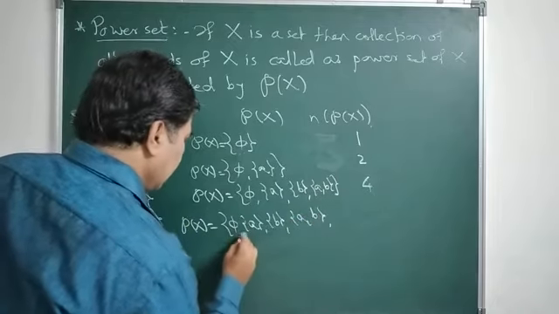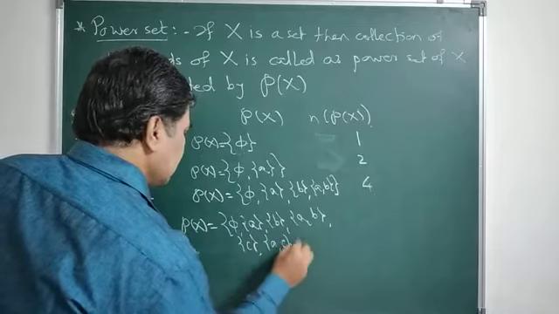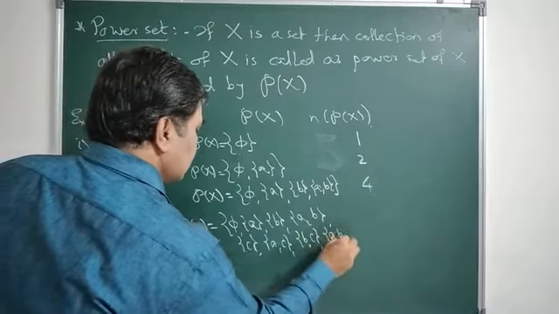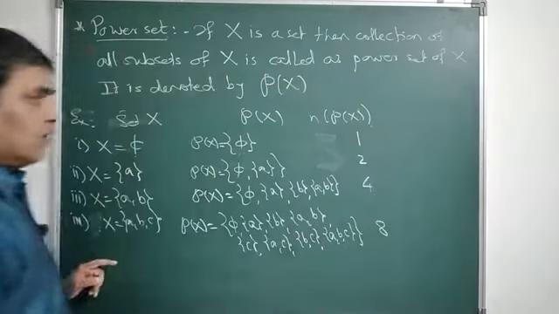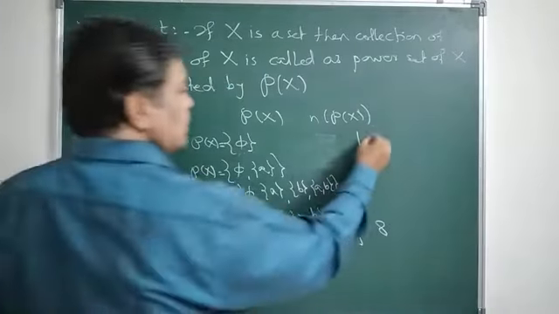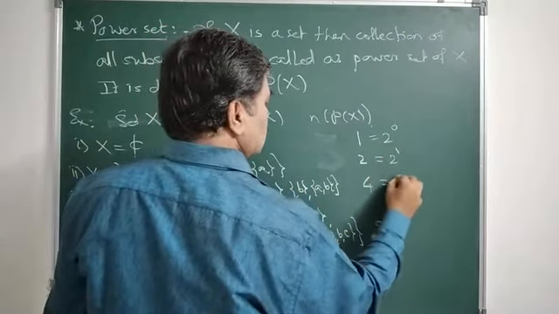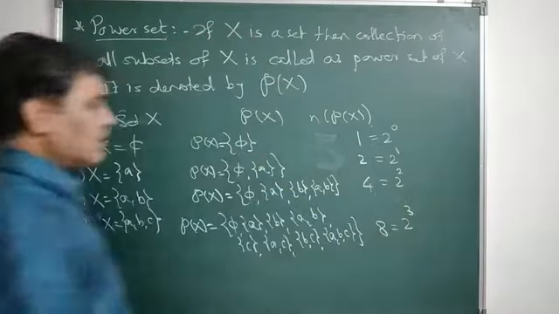Then inserting C, I get C, AC, BC, ABC, and then I will get 8. You can observe this is 2 raised to 0, 2 raised to 1, 2 raised to 2, 2 raised to 3.